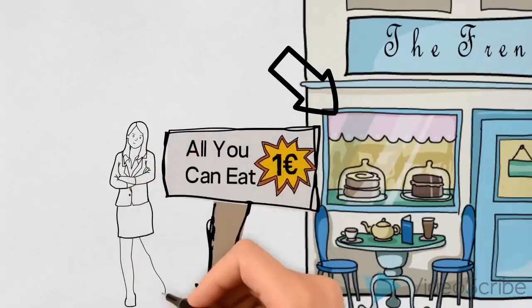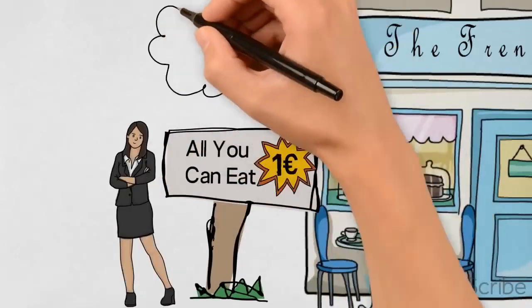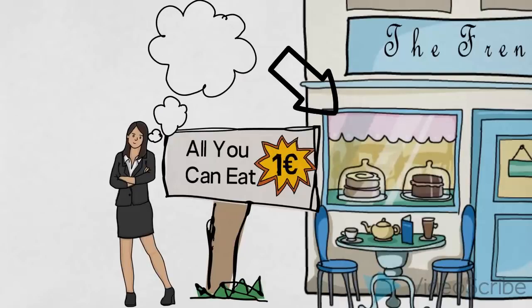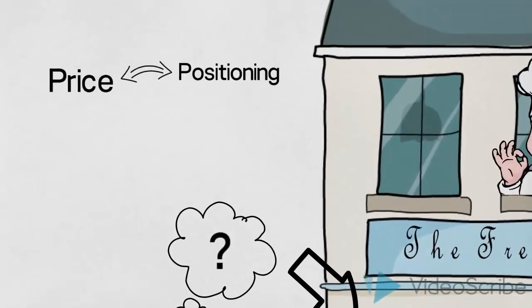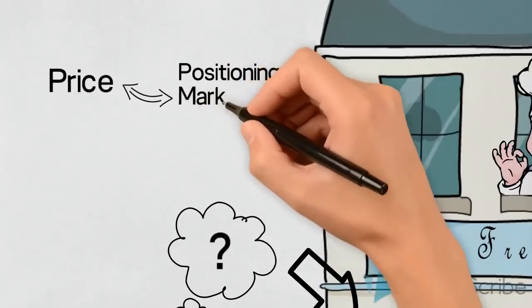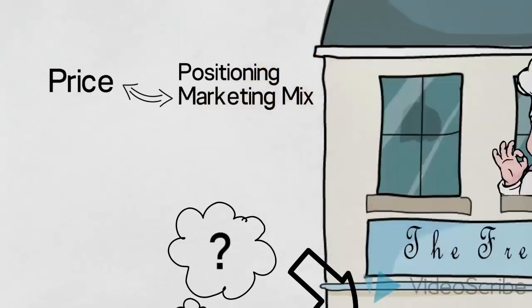So charging a price that doesn't correspond with the way we have positioned the cafe would leave our customers confused. Drawing a link back to the other elements of the marketing mix, we can say that we need to make sure that our price is in line with all other elements of the marketing mix.